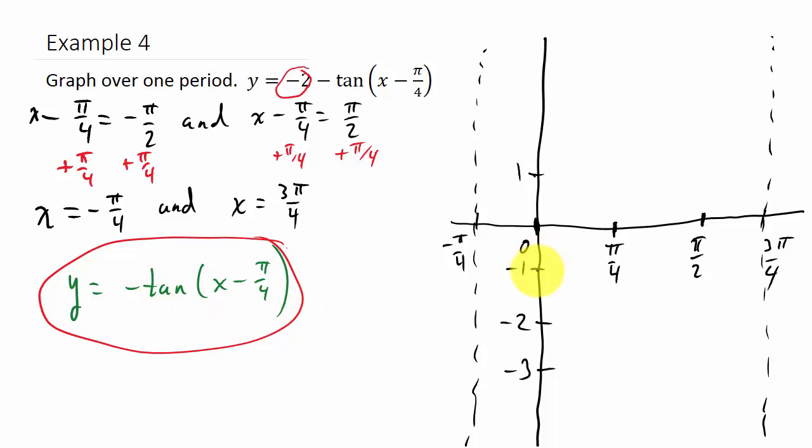So tangent normally starts here, but since it's a negative, it would be here. Then it goes to 0, and then it goes to positive, but since I have a negative, that's going to put it at -1. So that's the points just for this.